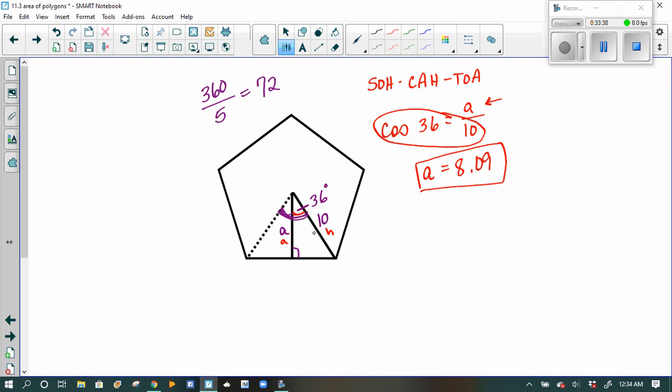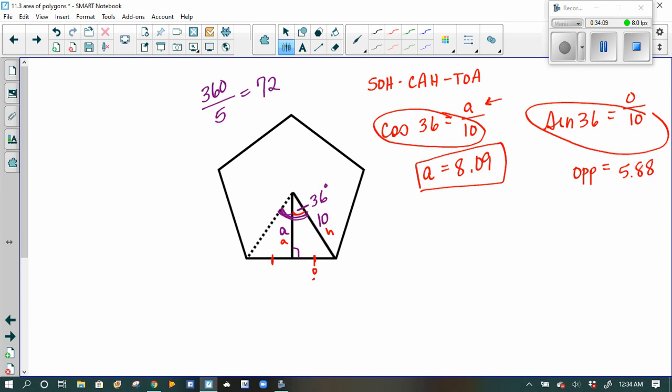So now I can also find this piece because I need this to get this so that I can find the perimeter, okay? So this is opposite. So if I did the sine of 36 is opposite over hypotenuse, then I would cross multiply these and I would get that the opposite side, so 10 sine 36 is 5.88.